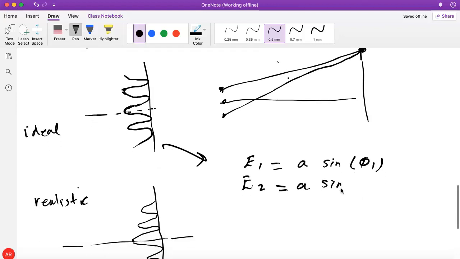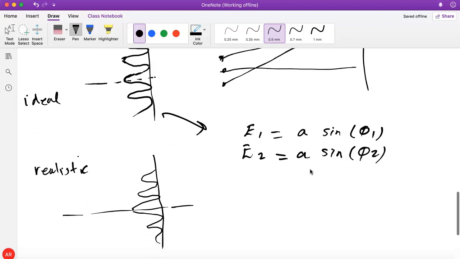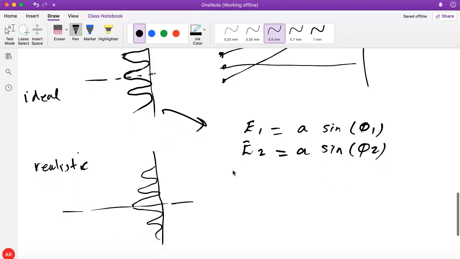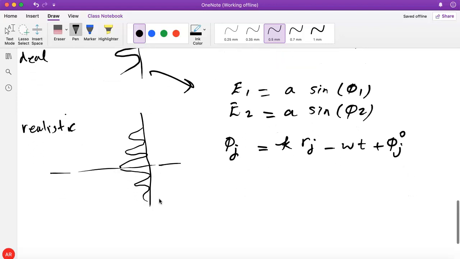So sine phi 2. So phi j, where j is 1 and 2, is k r_j minus omega t plus some phi naught, right?